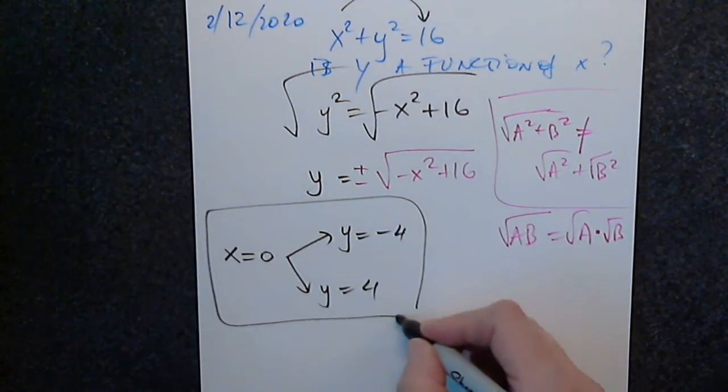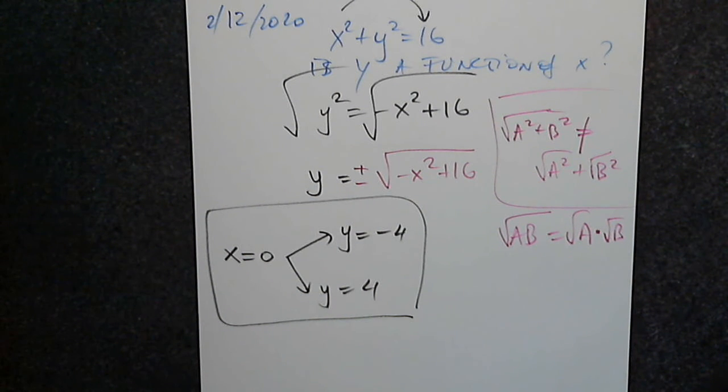Now, knowing this, how will you answer the question, is y a function of x? Of course not. I found one x for which it could correspond to two y values, right? That's what we said. Let's go back.